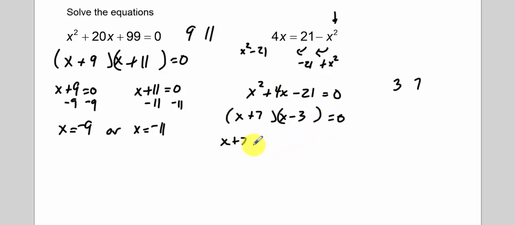So x plus 7 is equal to 0. X minus 3 is equal to 0. Subtract 7 from both sides, x equals -7, or add 3 to both sides, and x is equal to 3.